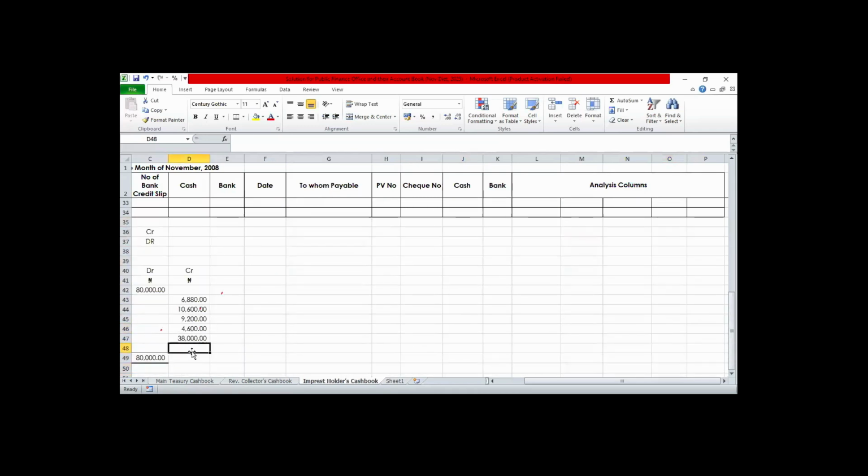Now, this minus the total sum of this. The remaining balance is 10,750. Is it correct? Yes, it's correct.